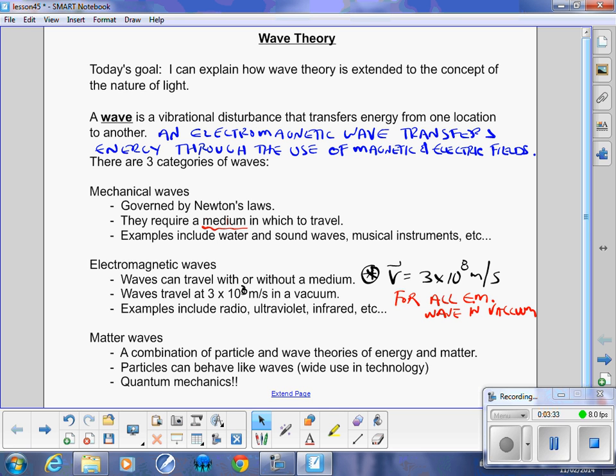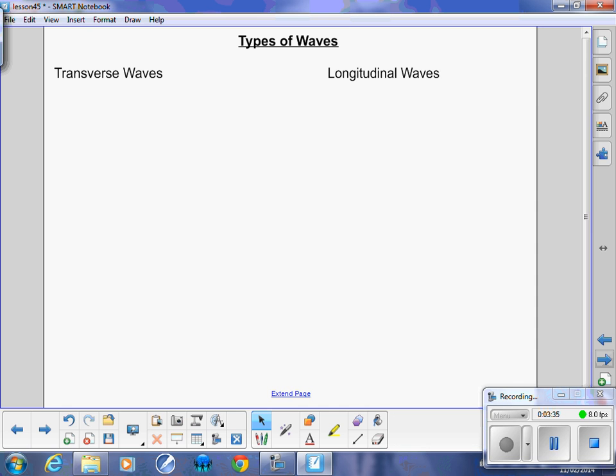So in order to be successful, we're going to take a step back. We're going to look at the different types of waves and review some of their key characteristics and properties. So just quickly going through this again as a review. We have our transverse wave, and if I move from point A to B, the transverse wave would take on this shape here, that sinusoidal graph we talked about.